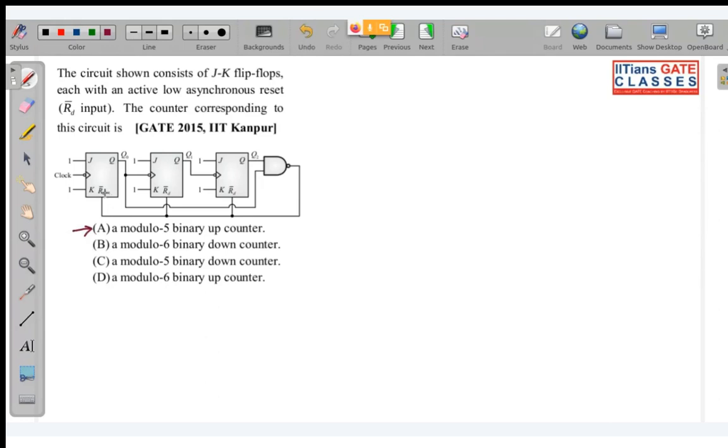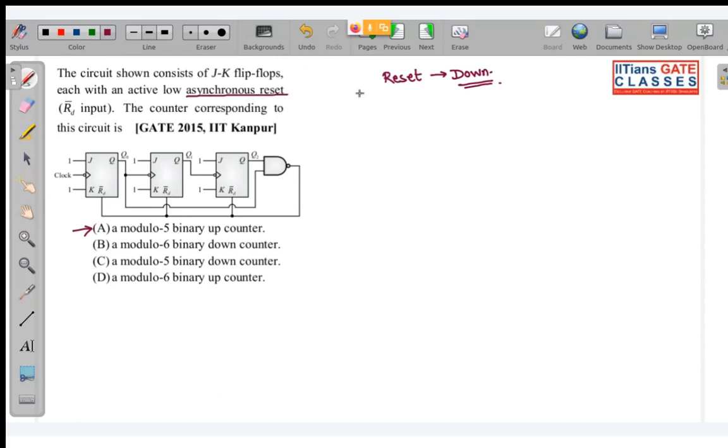You can see over here we are using reset. So if this is reset, this will be a down counter. Very good. Now over here it is given active low asynchronous reset, RD bar.